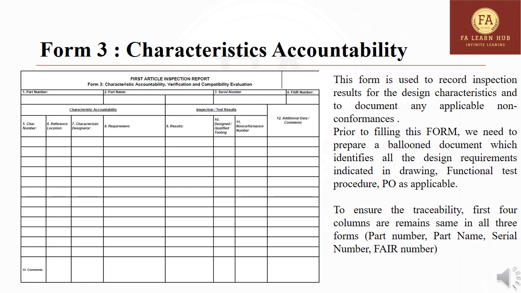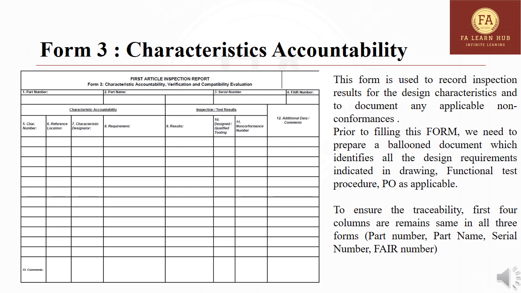Prior to filling this form, we need to prepare a ballooned document which identifies all the requirements and provides a unique number for each requirement. To ensure traceability, the first four columns remain the same in all forms.